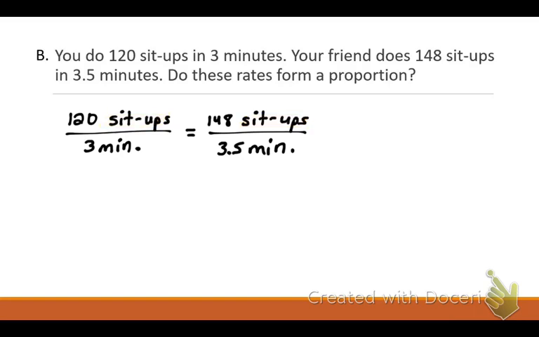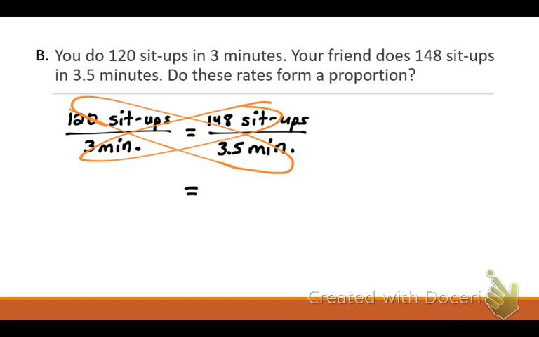So now, what should I do next, Alexis? Okay, we're going to circle the cross products here. And now what? 120 times 3.5. Very good. And 148 times 3.